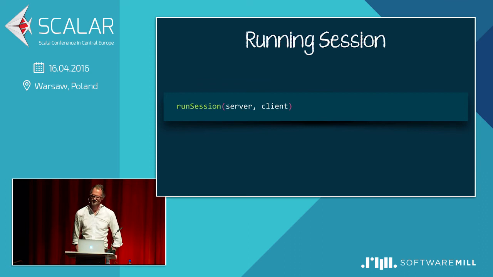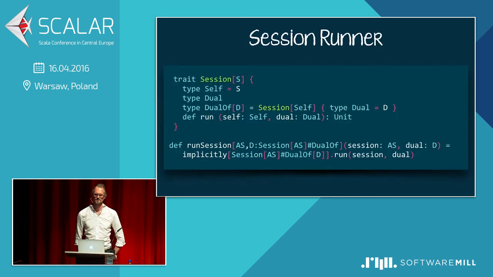And of course, we need to implement this run session method. How would it look? We encode it as a session trait, and the session trait has actually two types. It has a self type S, and it has a dual type, because we have two processes which mirror each other. We cannot do in without out and the opposite.